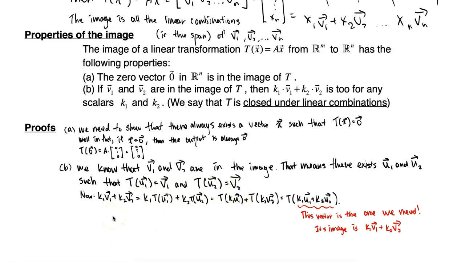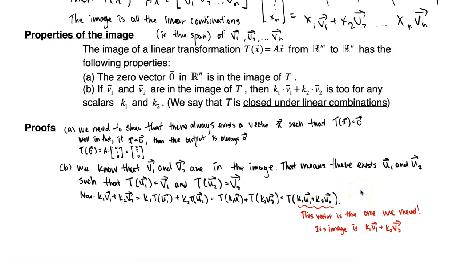Now, for k1 v1 plus k2 v2, we can use some of the properties that we've seen in sections 2.1 and 1.3 to say that it is equal to k1 times T of u1 plus k2 times T of u2. This comes from right above here, but now using the properties from sections 1.3 and 2.1, this is equal to T of k1 u1 plus T of k2 u2, which equals T of k1 u1 plus k2 u2.